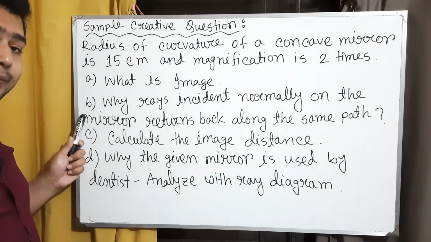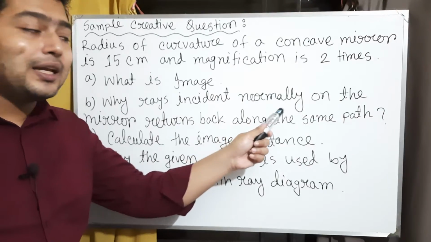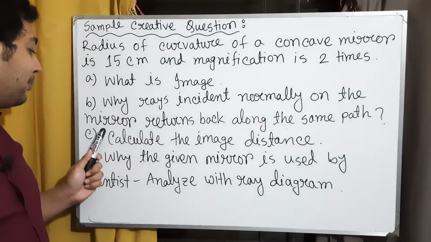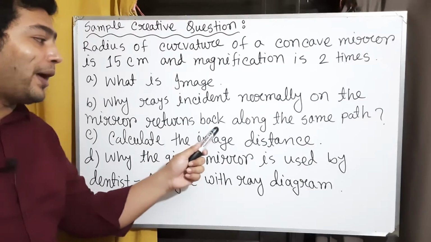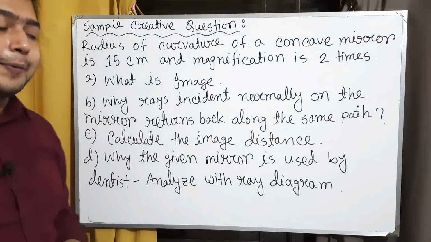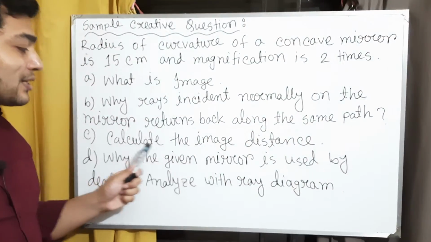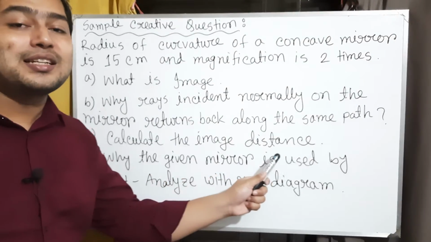Our questions are: question A, what is image? Question B, why do rays incident normally on the mirror return back along the same path? Question C, calculate the image distance.